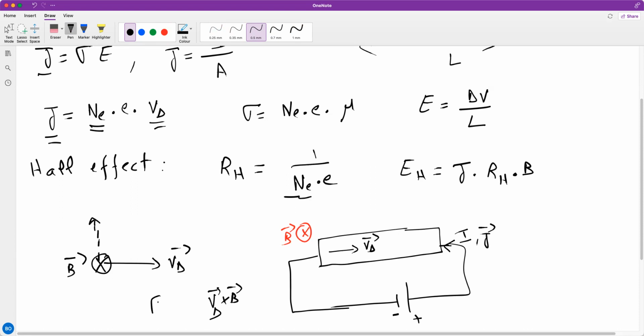But the magnetic force is equal to QVB, and because the charge of the electrons is negative, the electrons will move this way. So there will be polarization here, and there will be positive charges here. Do you all understand?